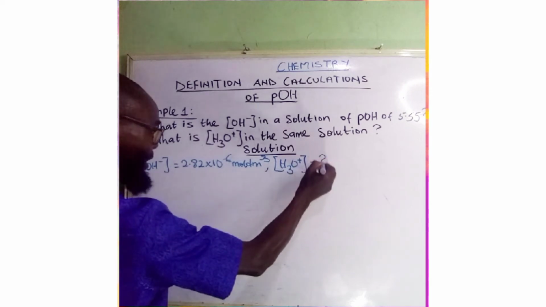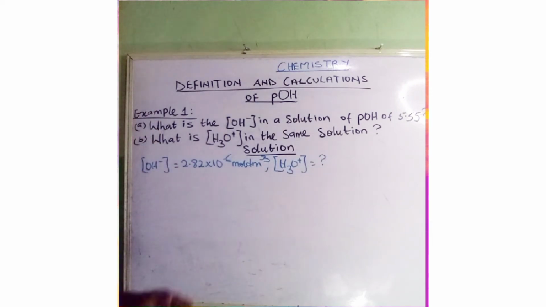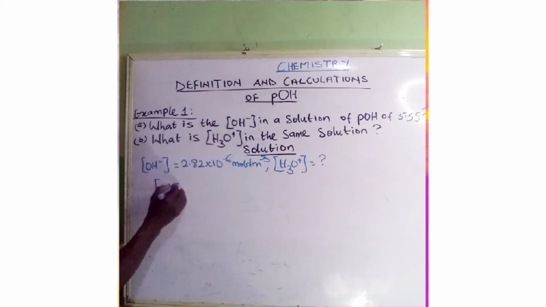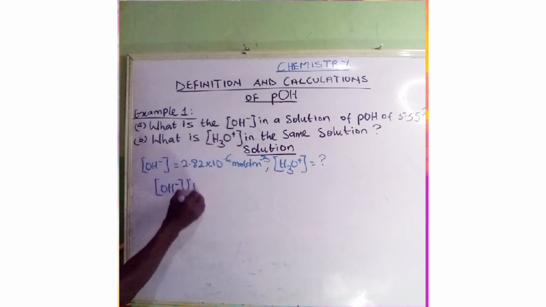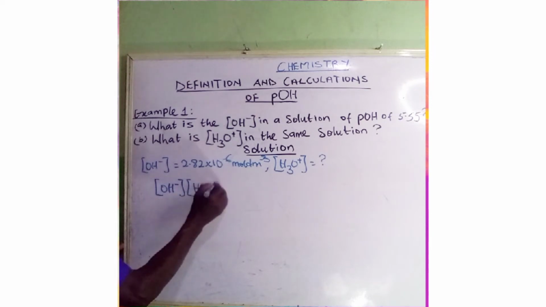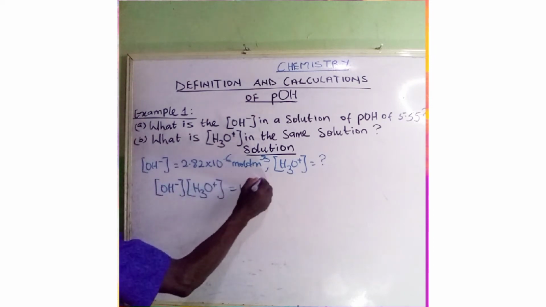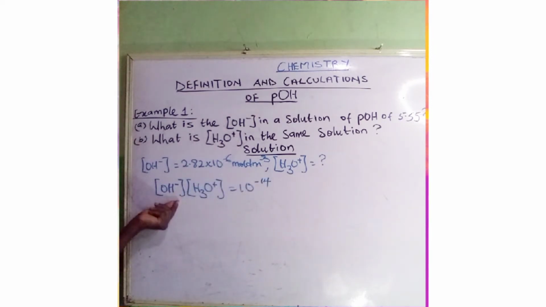And don't forget, either hydroxonium ion or hydrogen ion, we are good to go. They are the same. So if you recall, one of the formulas says concentration of hydroxyl ion multiplied by concentration of the hydroxonium ion equals 10 raised to the power minus 14.